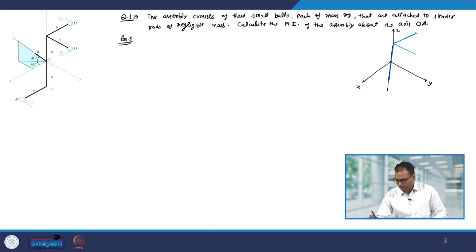This rod is parallel to the x axis, then we have this rod which is parallel to the y axis, and then we have this slender rod which is parallel to the x axis. All of them have mass m, and let us say this one is 1, this one is 2, and this is mass number 3.